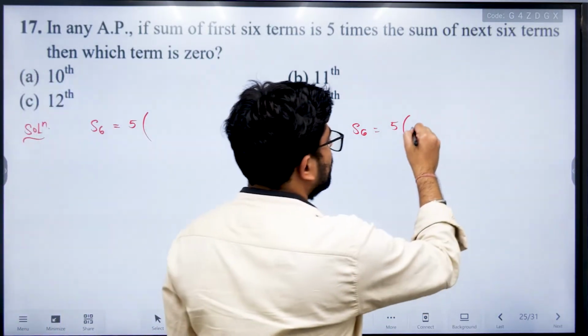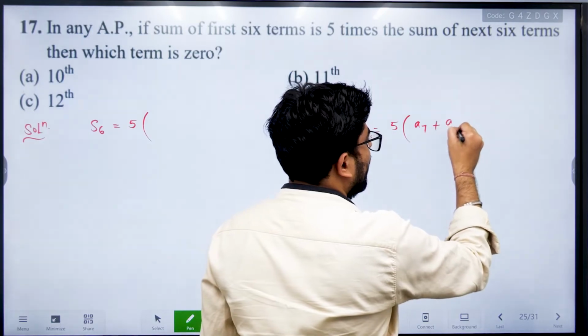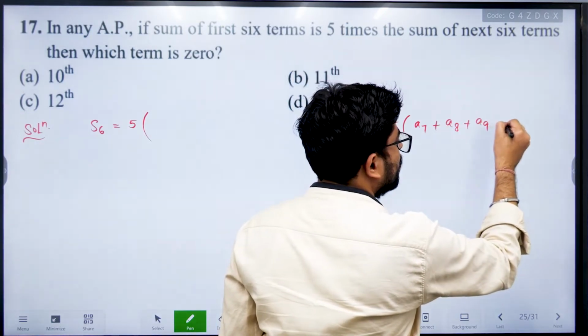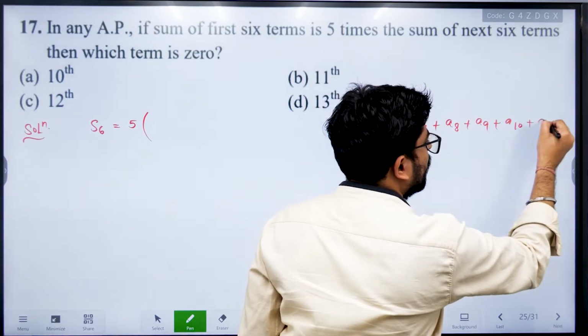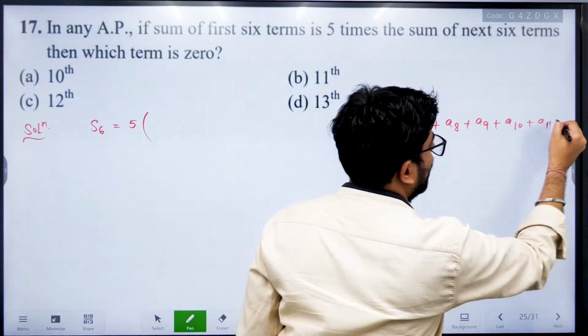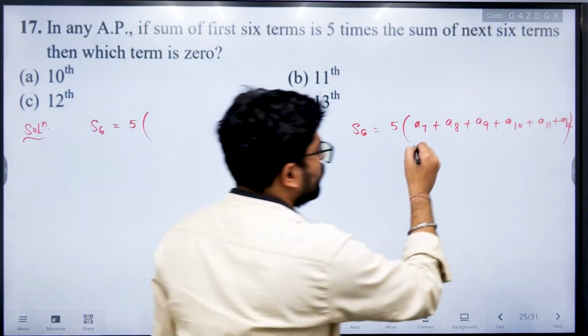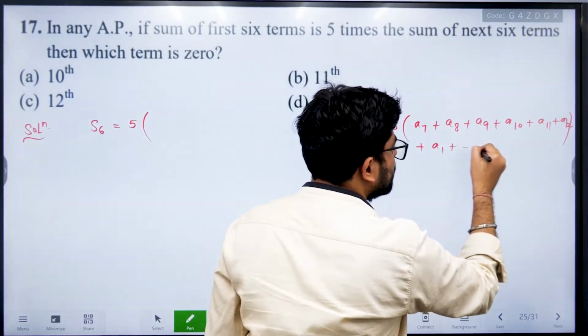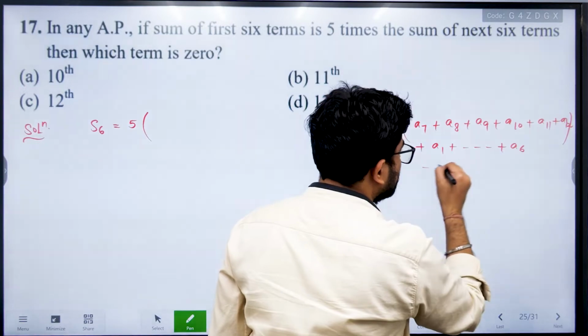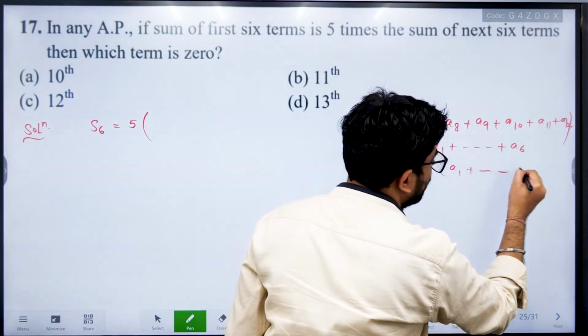Yes, means the 7th, 8th, 9th, 10th, 11th and 12th terms. So how can you write this? Sir, you can add A1 to A6 and you can subtract A1 to A6.